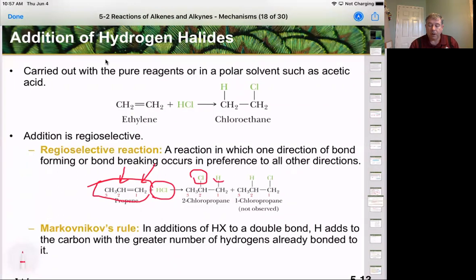The hydrogen will always add to the side with more hydrogens on it, okay? So this addition, where the hydrogen goes where more hydrogens are bonded, is what we call Markovnikov's rule, okay? And there's a mechanistic reason we'll describe later about why this happens. But a lot of these reactions are regioselective because of their mechanisms.